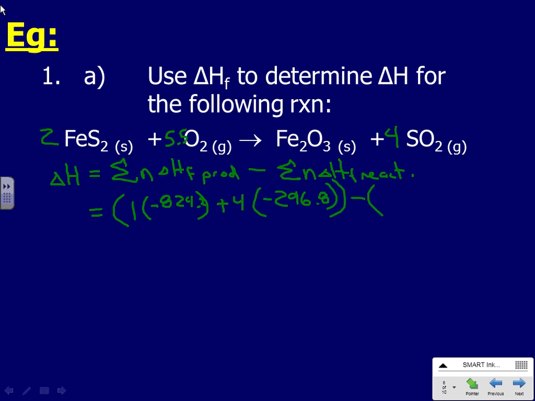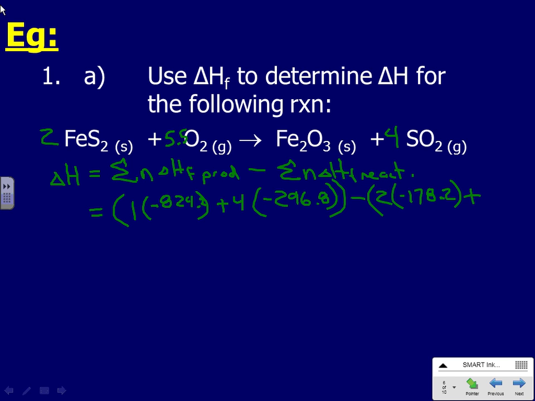Minus, now I do the same for the reactants. 2 times. Now I'm looking for FeS2. I'll take that number as soon as you find it. FeS2, yep. Negative 178.2.